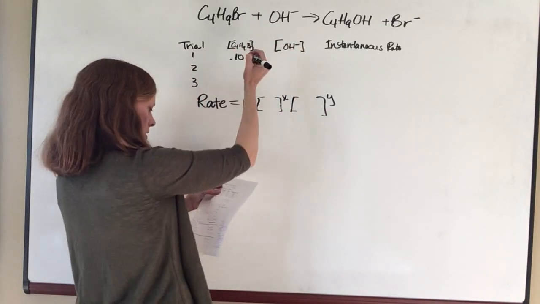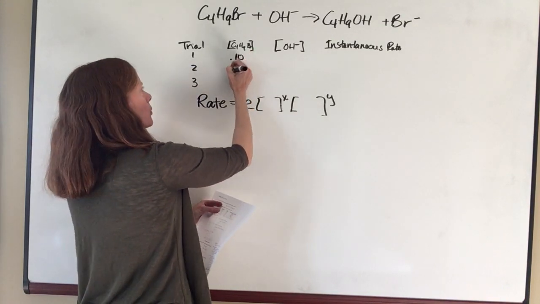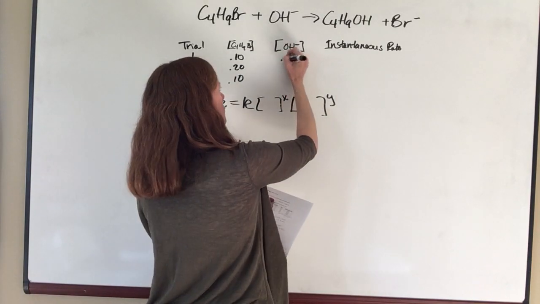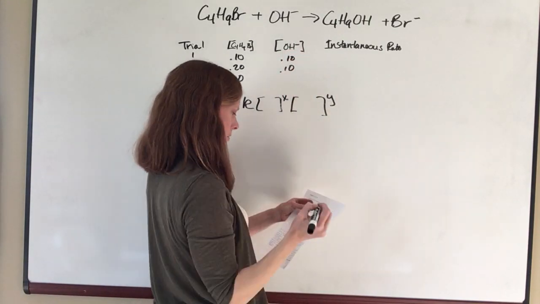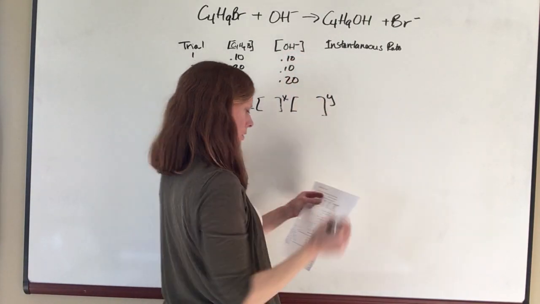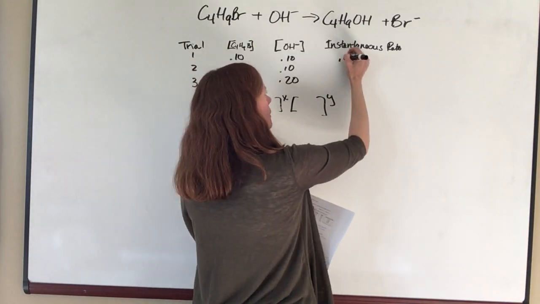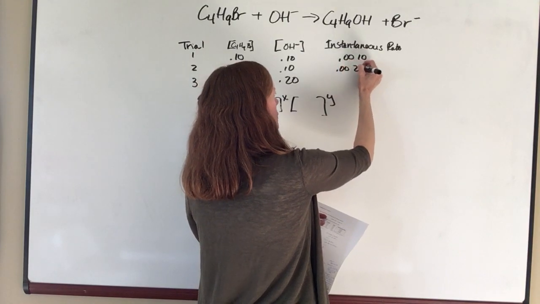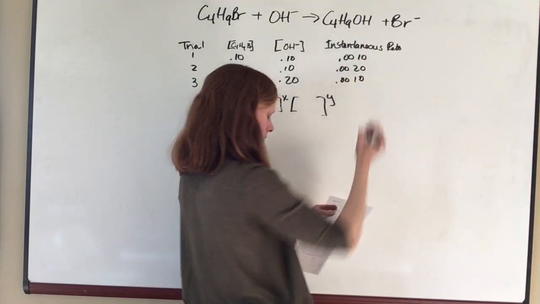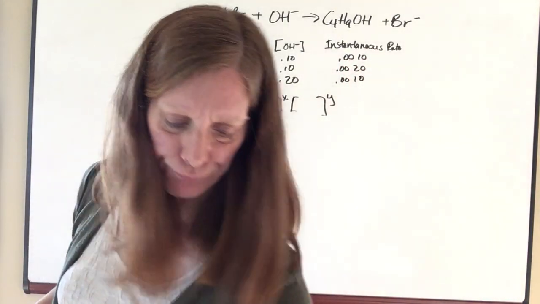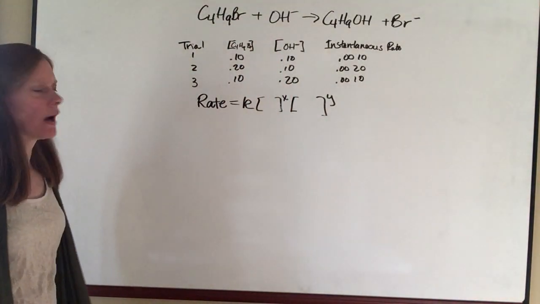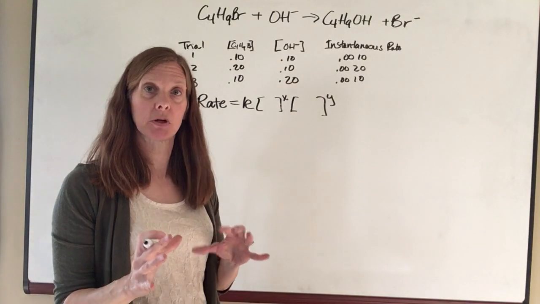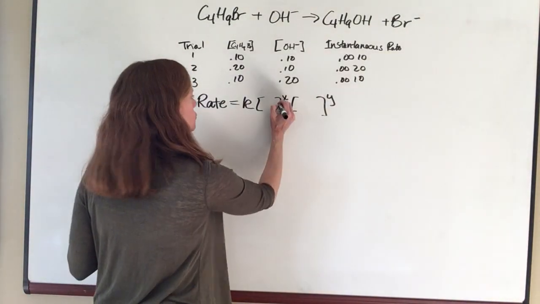This is 0.10, 0.20, 0.10, and then here I have 0.10, 0.10, 0.20, and then my rates are 0.0010, 0.0020, and 0.0010. Okay. So we're going to try to do this one by inspection. That's what I'm going to call the shortcut. We're going to do it by inspection.